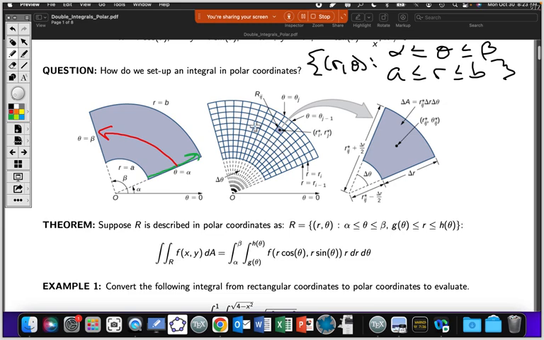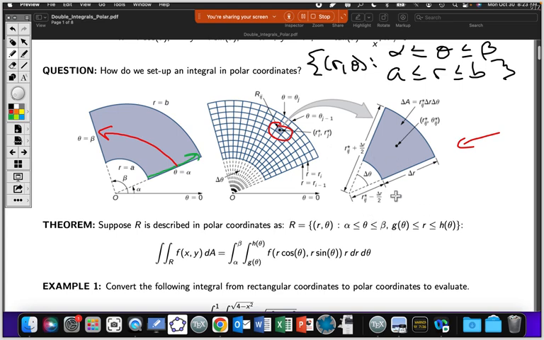And if I chop up the angles, the thetas, I'm chopping things up in the angular direction, and I produce this grid. I get these little area elements that look like little pieces of the wedge. They're not circular sectors, they're part of a circular sector.